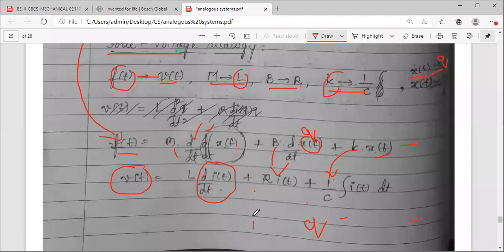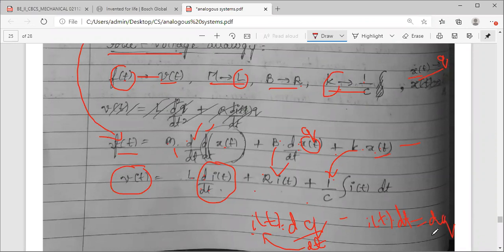We know that current I is equal to dq by dt. Now, if I take this dt on the left hand side, what will your equation be? dq is equal to I of t into dt.